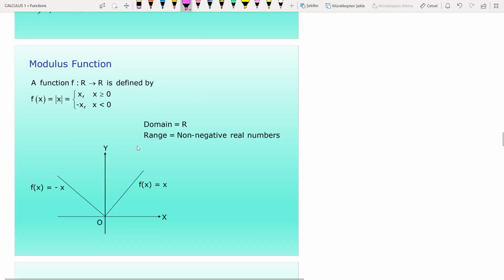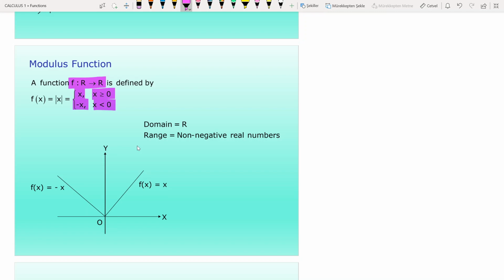The third famous function is the modulus function, or absolute value function. A function from R to R is called the absolute value function or modulus function if f of x is minus x for negative numbers and f of x is x for 0 or positive numbers. What about the domain of the modulus function?